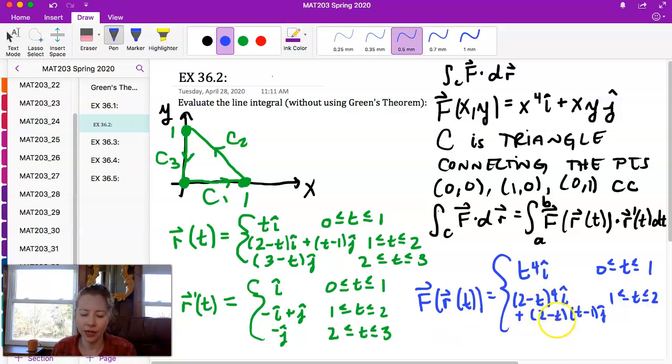And then our last piece turns out pretty nice because it's just going to be minus j hat. And in that case, minus j hat is going to be 0.